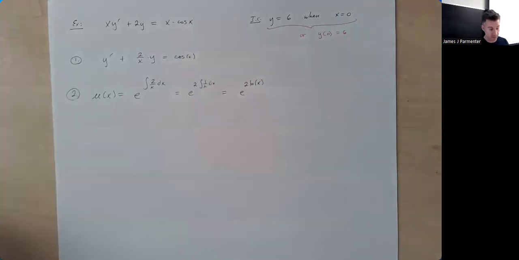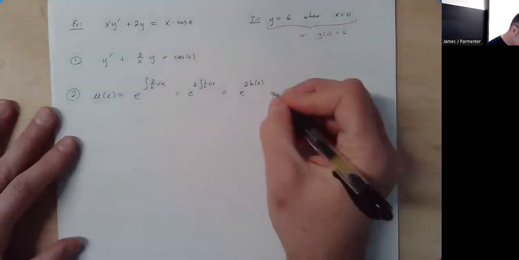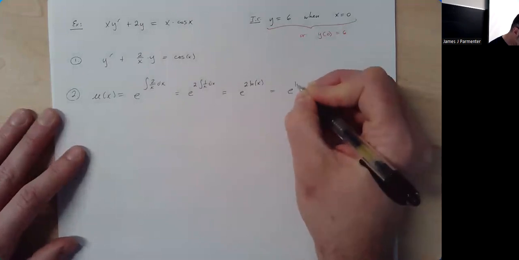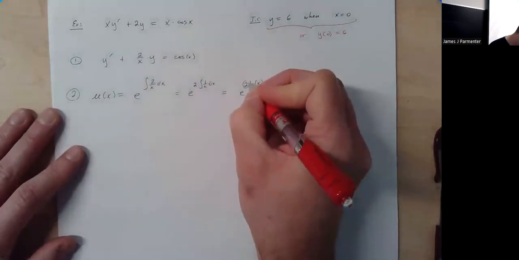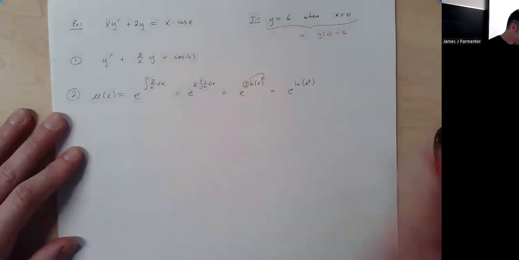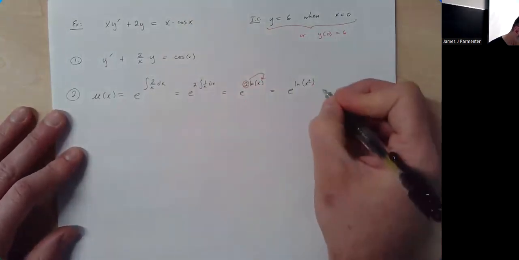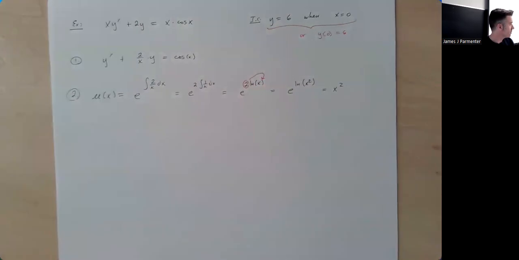I will mention again, really it's the natural log of the absolute value of x, but we just ignore the absolute value when we're doing the integrating factor. We pretend it's not there. And that's going to be e to the natural log of x squared, right? We're just bringing that 2 up into the power of the logarithm using those logarithm rules. And then that's going to be x squared.